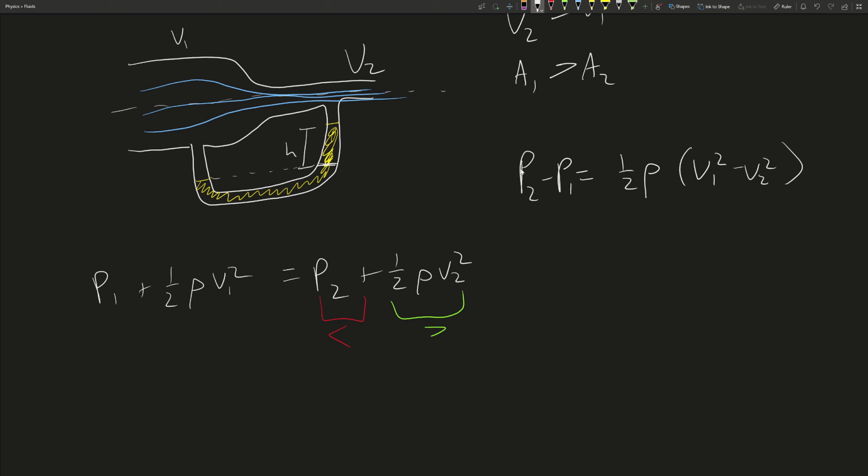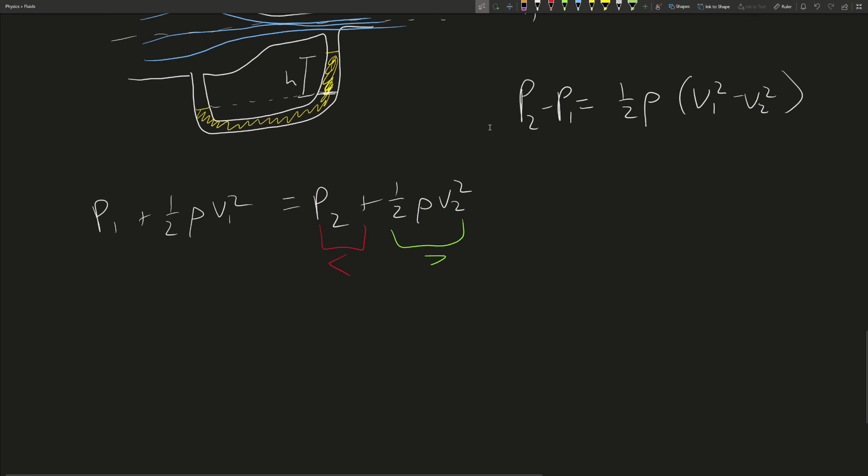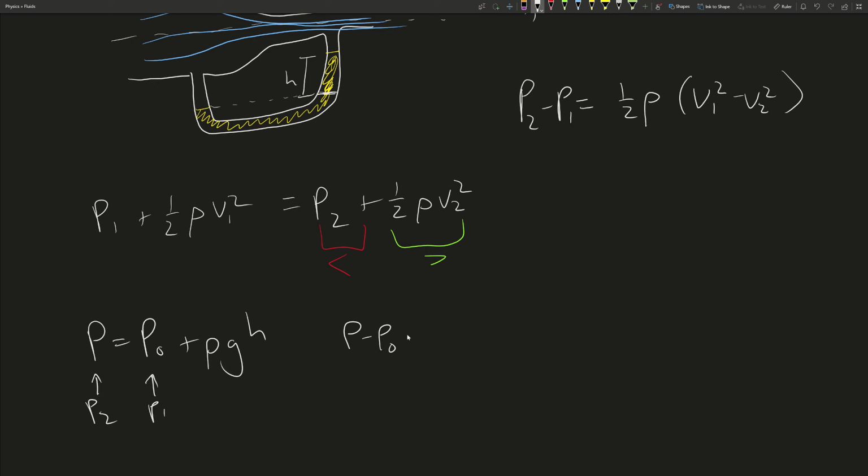Now, we can call pressure 1 P0. So we know from the hydrostatic pressure equation, P is equal to P0 plus rho GH, right? Let's call P pressure 2 and P0 pressure 1. We can rearrange this to get P minus P0 equals pressure 2 minus pressure 1 is equal to rho GH.